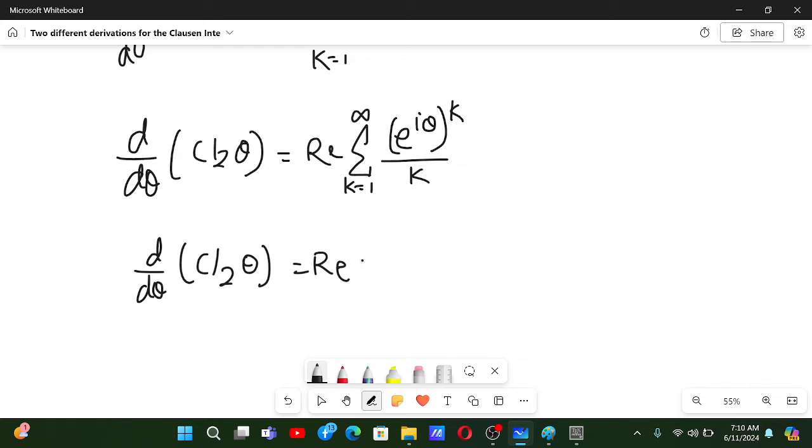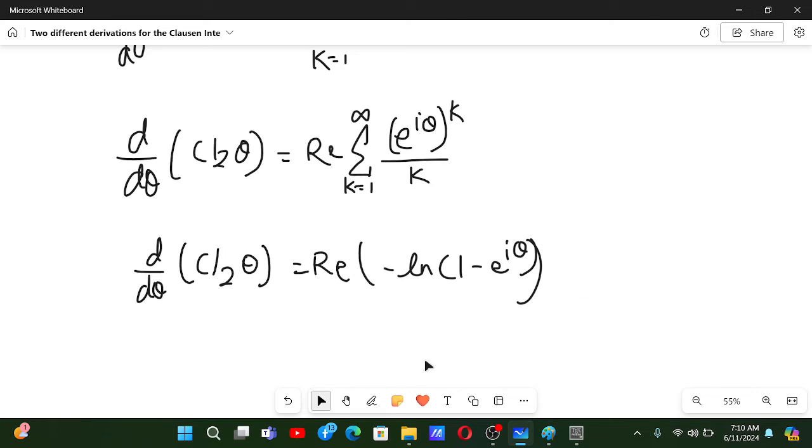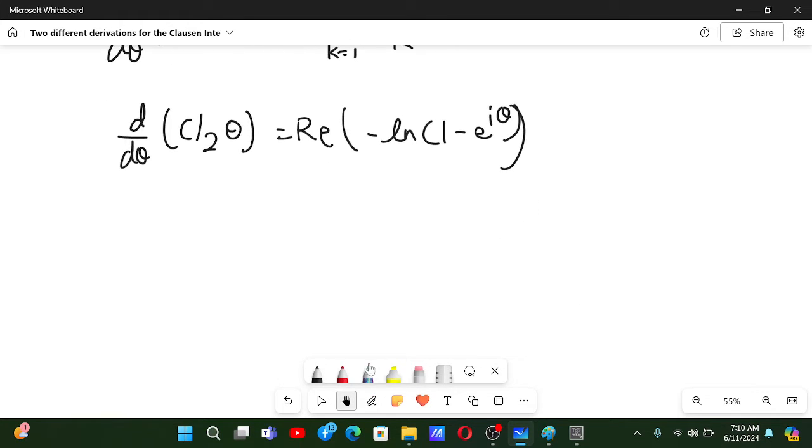So this is just the real part of minus ln of 1 minus e to the power i theta.